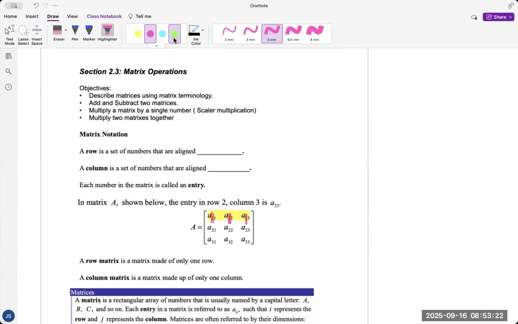It's horizontal, going left and right, so that's the second row. And notice how everything in the second row has a first subscript of 2, because that's indicating the second row.